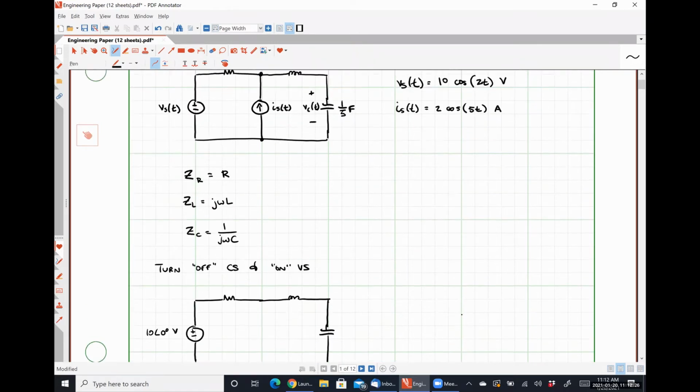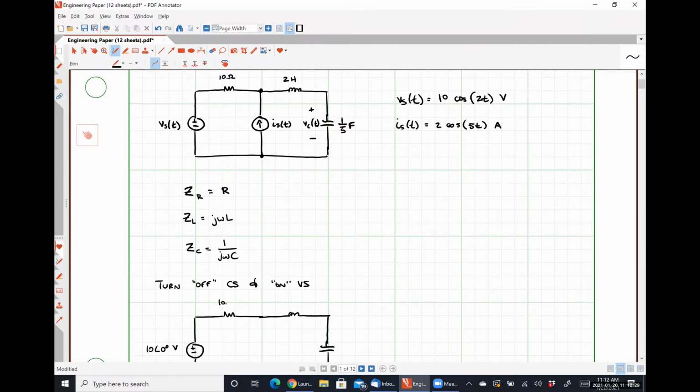Our resistor, as stated previously, will continue to be a 10 ohm resistor. Now our inductor, so we have j times omega, which in this case is 2, times L, which is 2, so that's j times 2 times 2, which is j4 ohms.